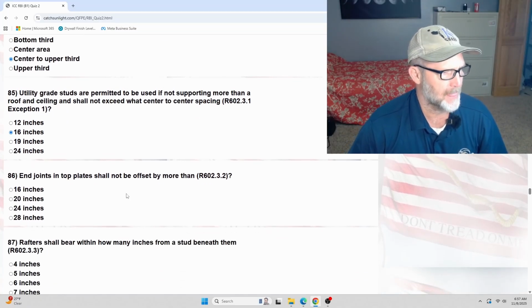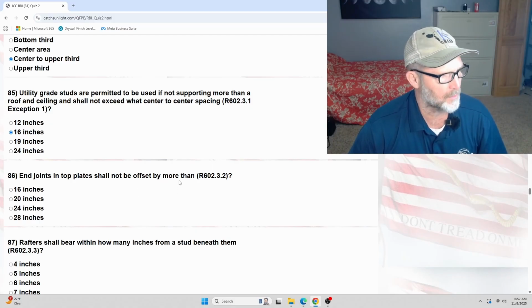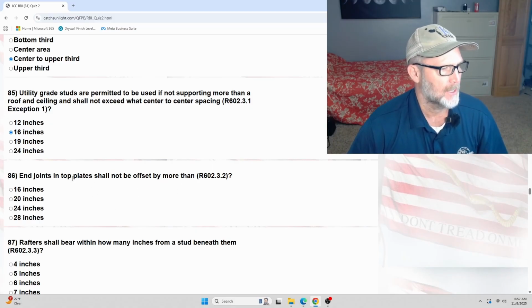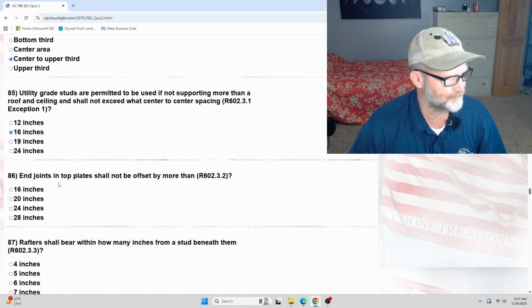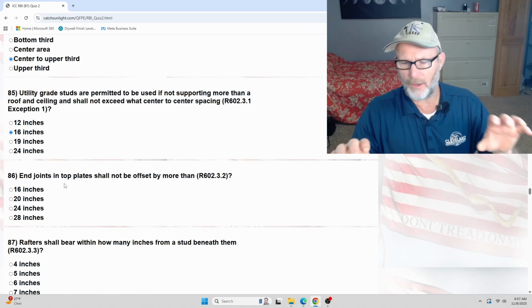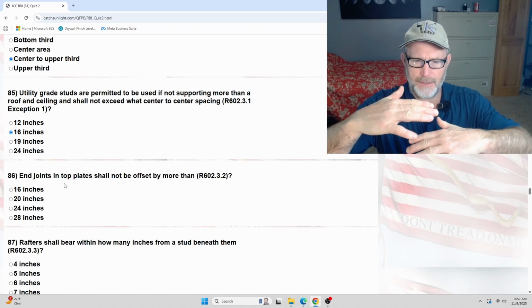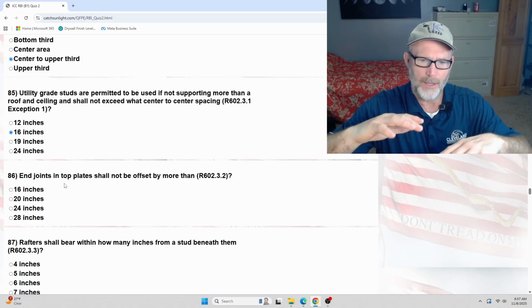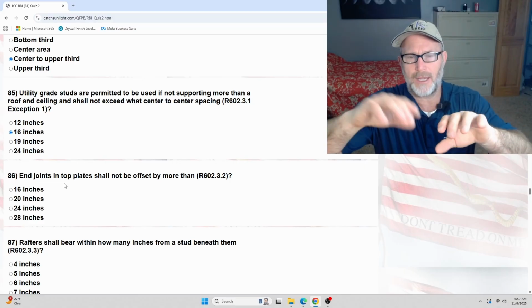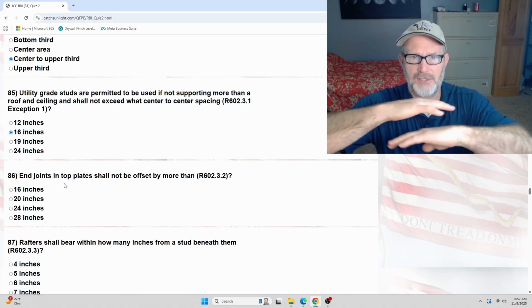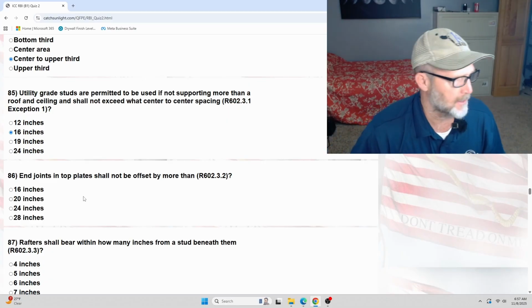86. End joints in top plates shall not be offset by more than what? Okay, so when you do a load-bearing wall, you have a double top plate, right? You can't have the seams lining up on top of each other. You have to have them offset a little bit. So what is that offset?